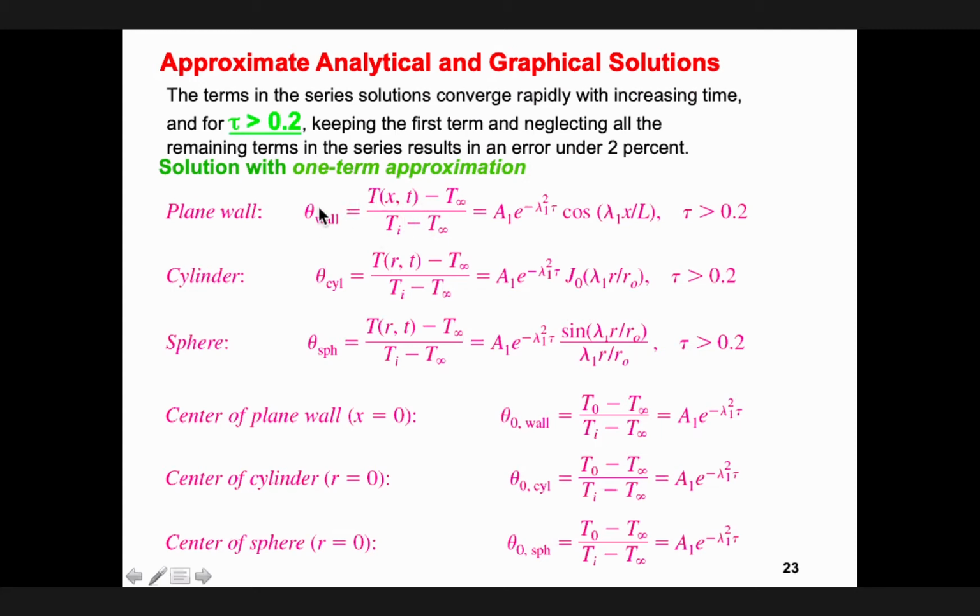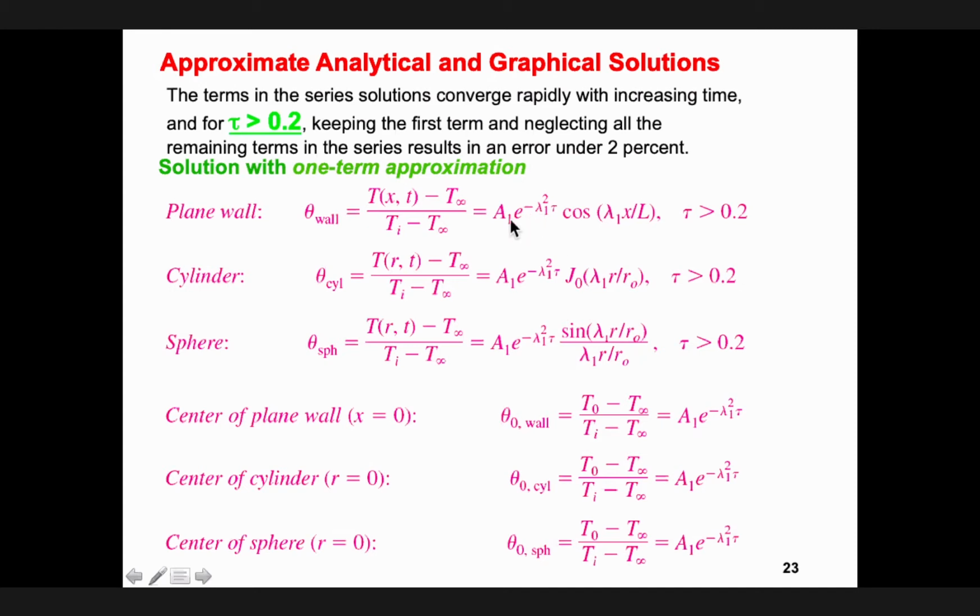Therefore, now we have no more summation term here for plane wall, cylindrical, and spherical coordinate. We only select the first eigenvalue. Again, the condition here is that tau has to be more than 0.2. Now, where can we get these numbers? We have a coefficient A1 and eigenvalue lambda 1.